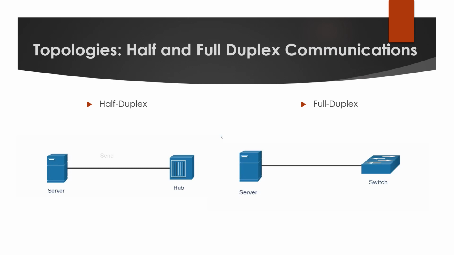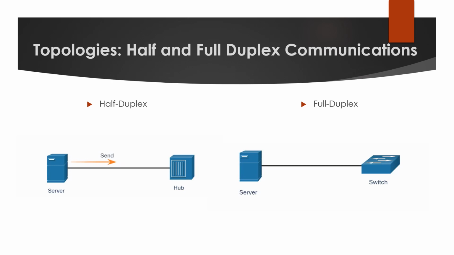The first one is half duplex communication, where both devices can transmit and receive on the media but cannot do so simultaneously. Wireless LAN and legacy bus topologies with Ethernet hubs use the half duplex mode. Half duplex allows only one device to send or receive at a time on the shared medium. You can see the example here.